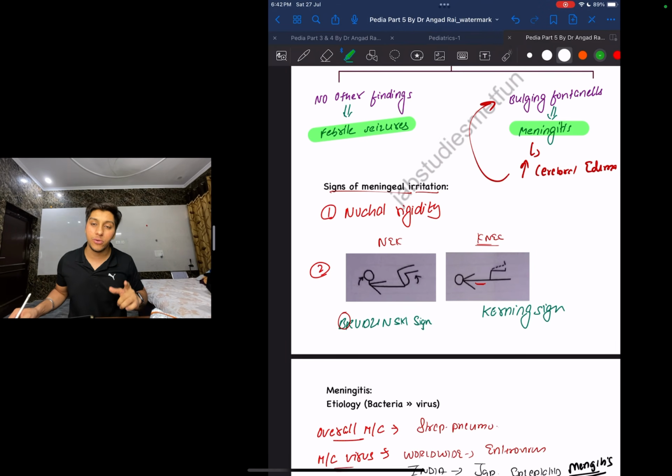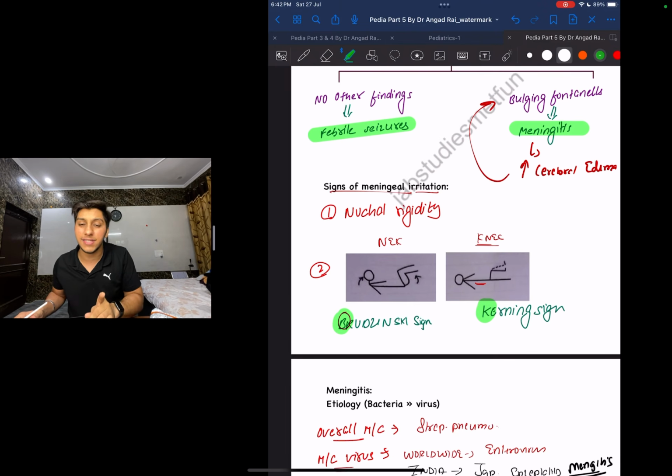How I remember: in A, B, C, D, within these 2 signs, one is B and one is K. Remember the 2 letters. What comes first, guys? B comes first, right? So remember, in our cephalocaudal progression, there are 2 regions where these signs happen. One is the neck region and another is the knee region. So B is first. Whatever is related to the neck is the Brudzinski sign.